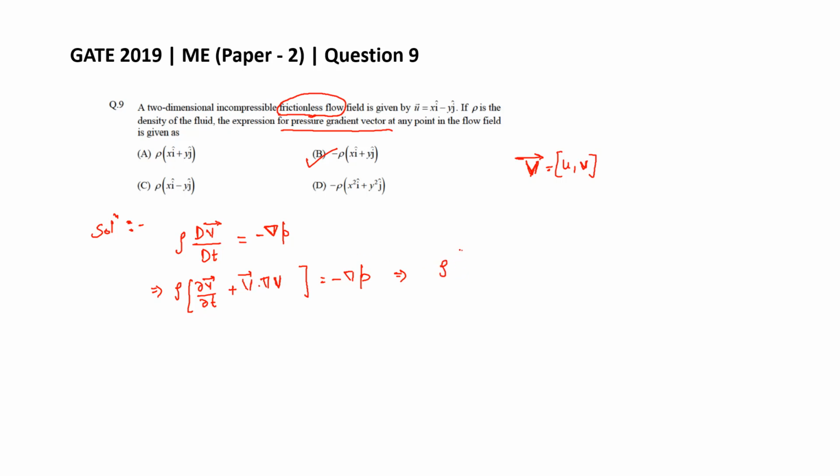So this rho will be there in both the components, minus will come, and for the u direction this will be equal to du dt plus u du dx plus v du dy, and all of this will be i cap plus, now the j cap terms will come, dv dt plus u dv dx plus v dv dy.